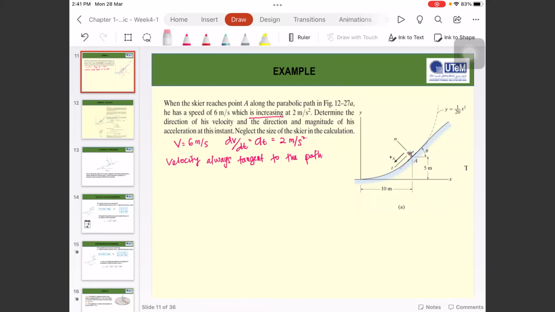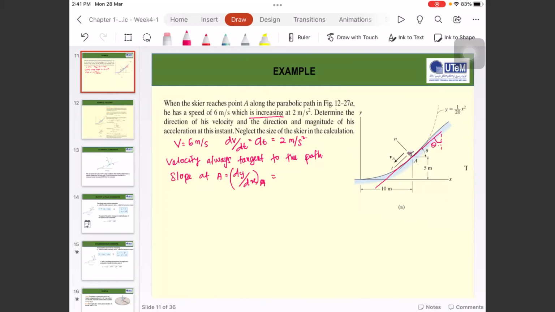Dia tangent kan? Tangent macam ni. Berapakah angle ni? So tangent, kalau you remember, tangent slope adalah dy over dx. So slope at A is equals to dy over dx.